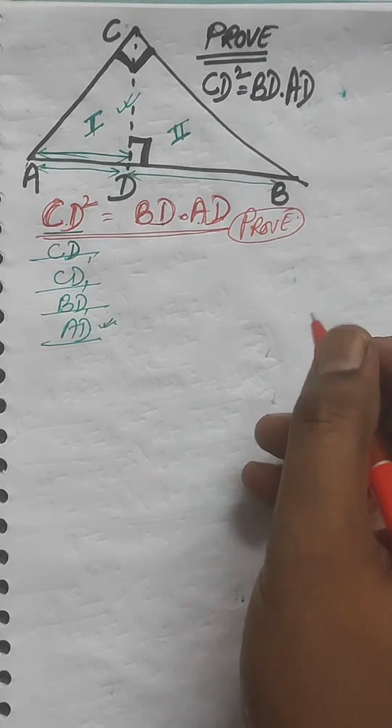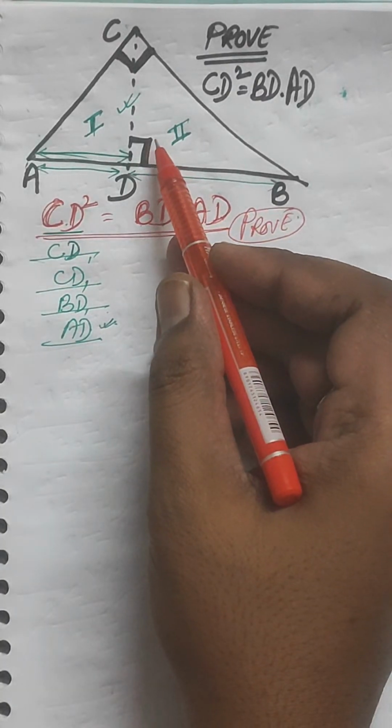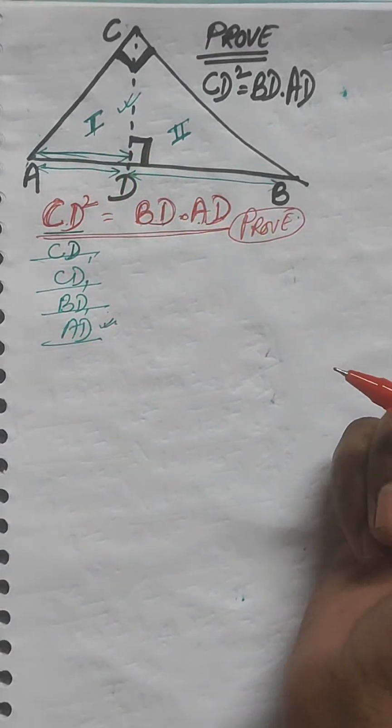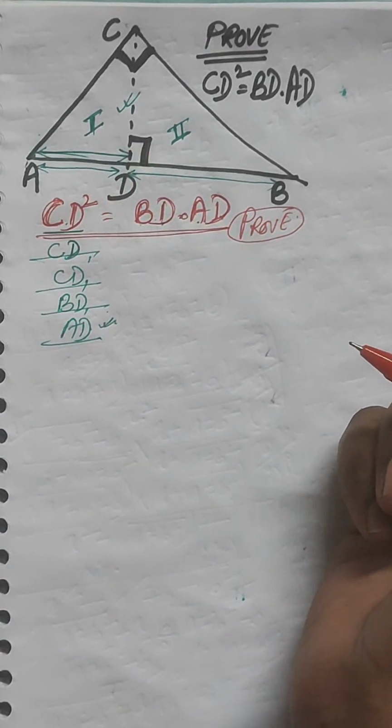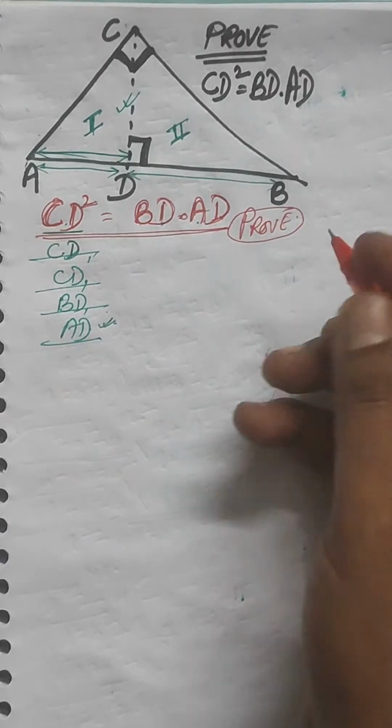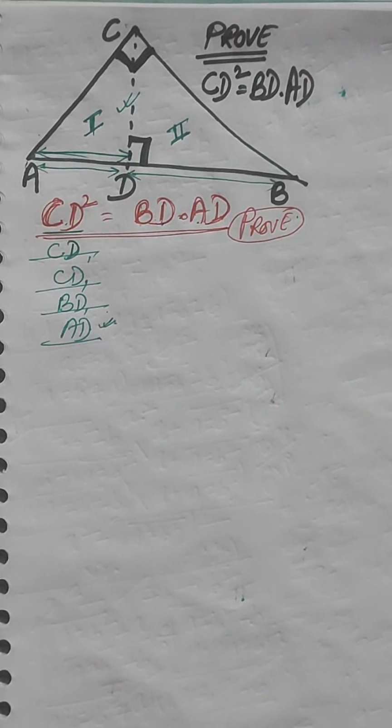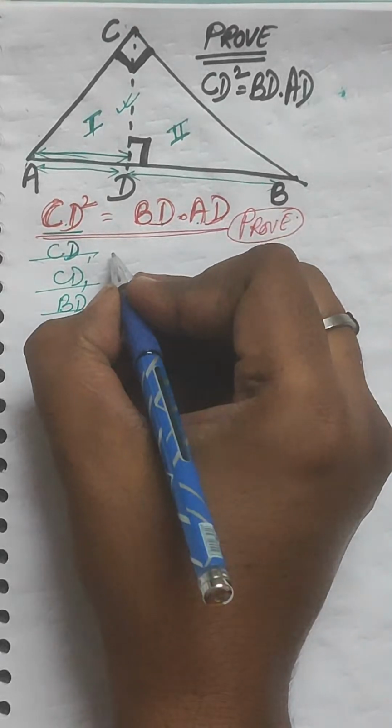So to prove the similarity of the two triangles, first and second, we need at least 2 angles of both these triangles equal. So let us identify those angles.